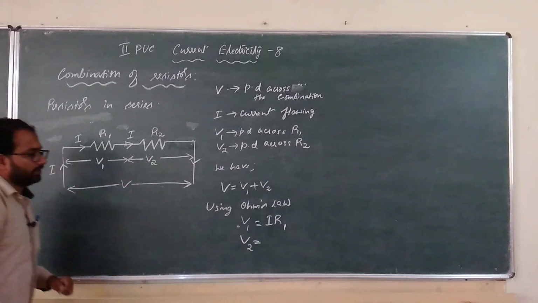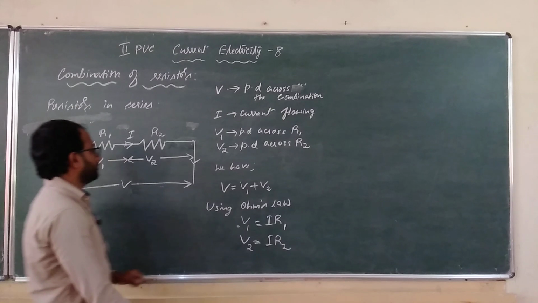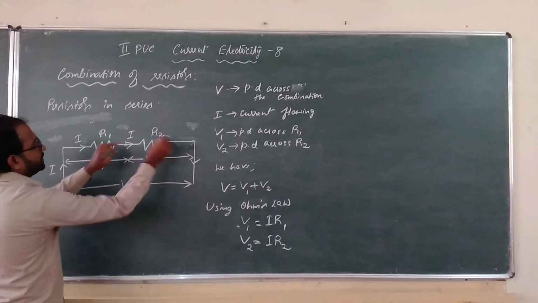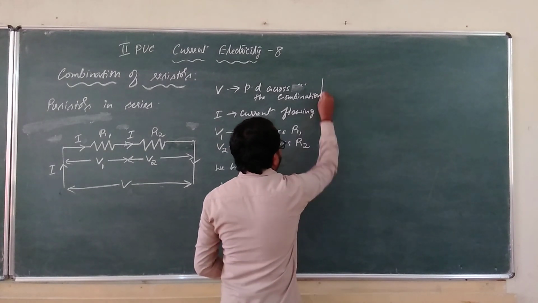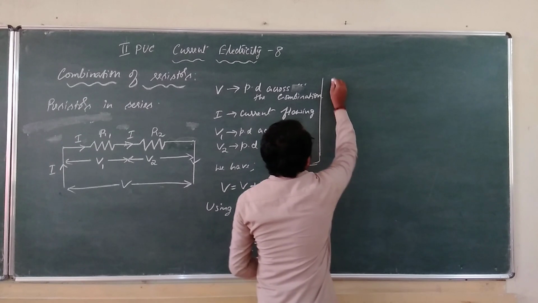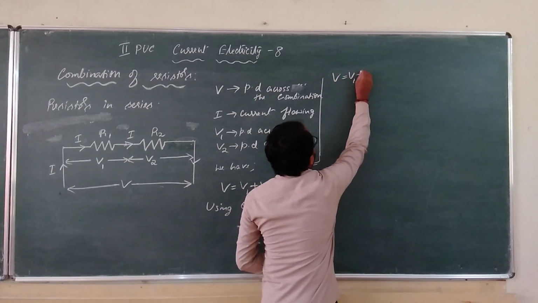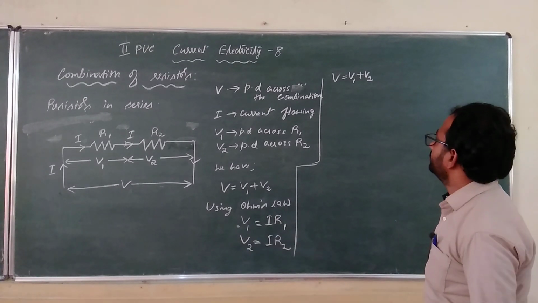That is I into R2. What is the net potential difference? Therefore V is equal to V1 plus V2.